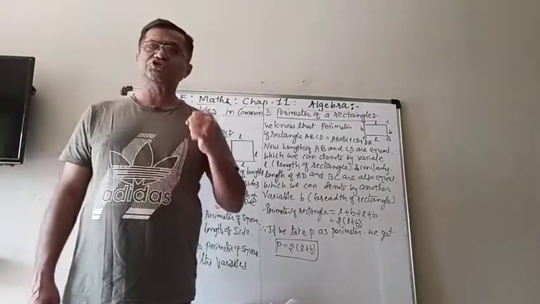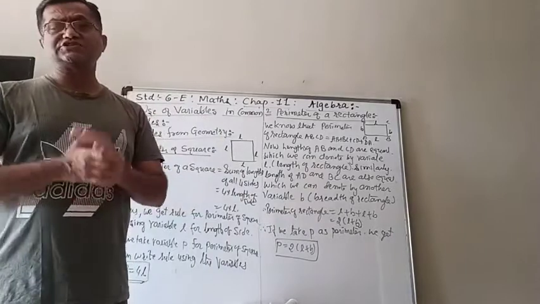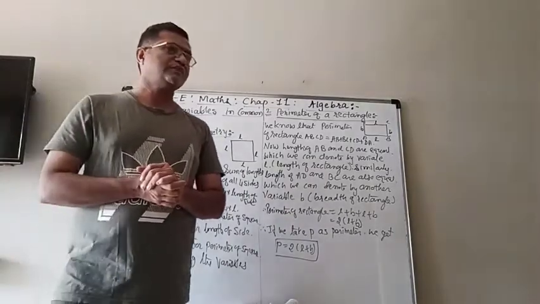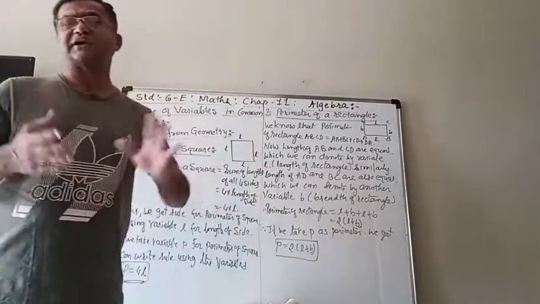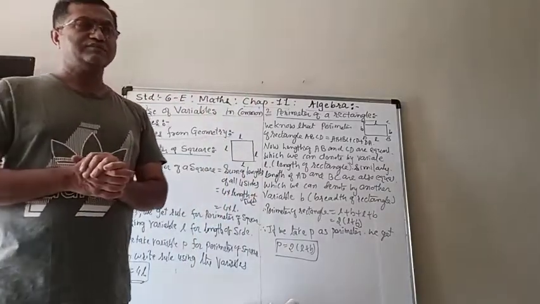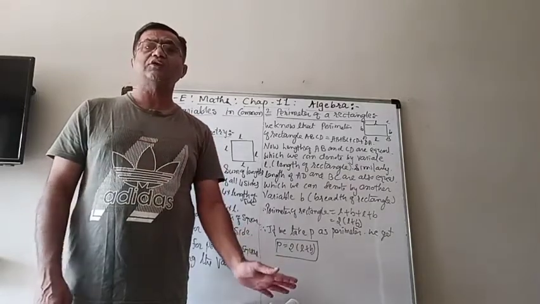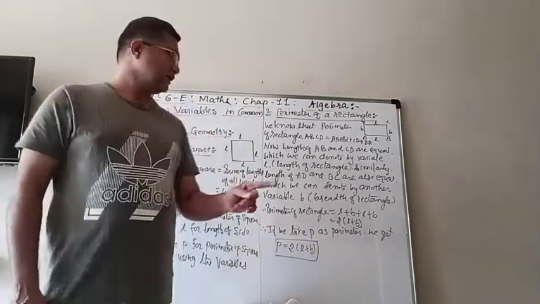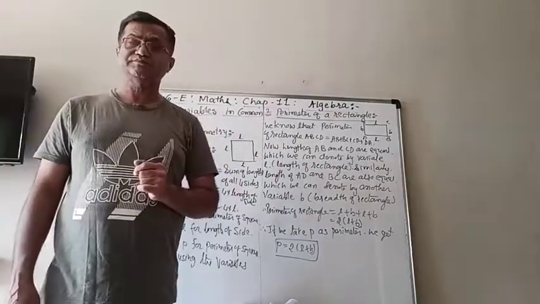First of all, let us talk about a square. We know that a square is a polygon having 4 line segments, 4 sides, and the length of all the 4 sides is equal. Each side has equal length.